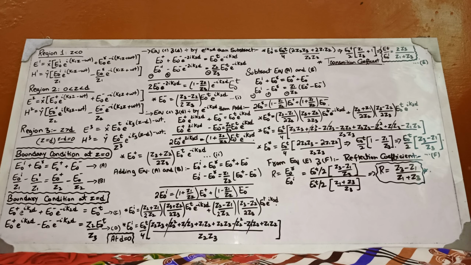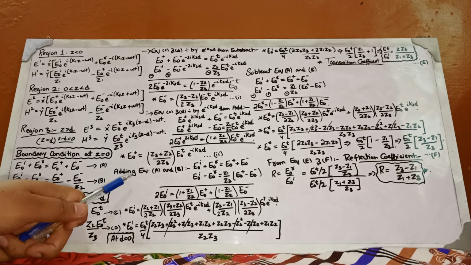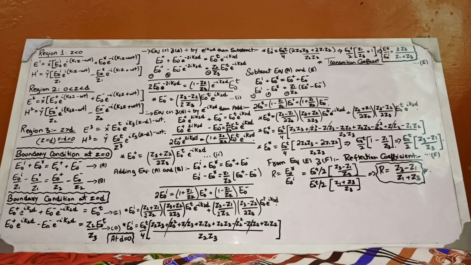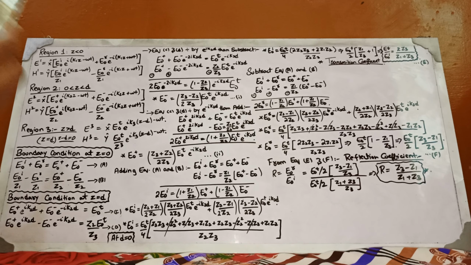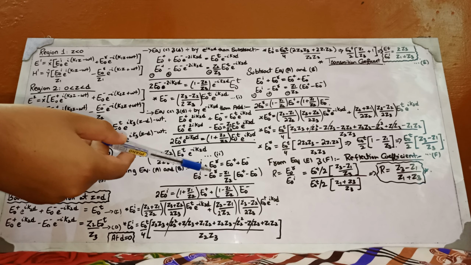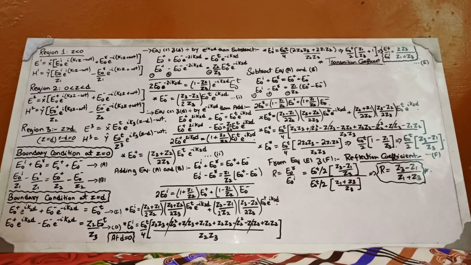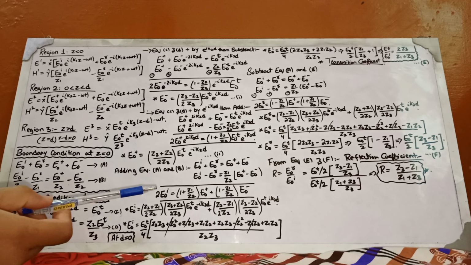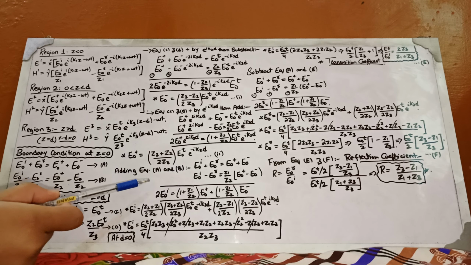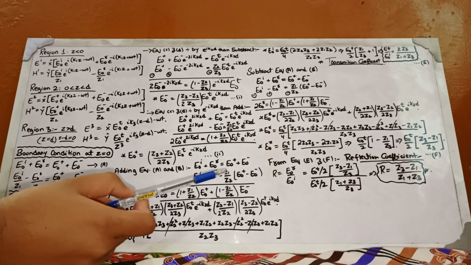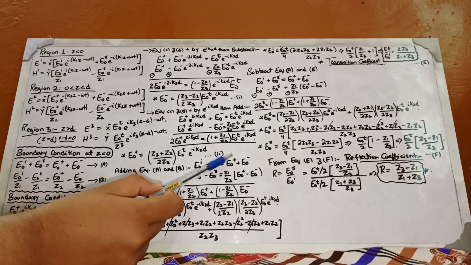Now add these equations a and b. By doing addition, you can see E naught r cancels with E naught r, and you will be left with only E naught I. E naught I plus E naught I becomes 2 E naught I equals this.